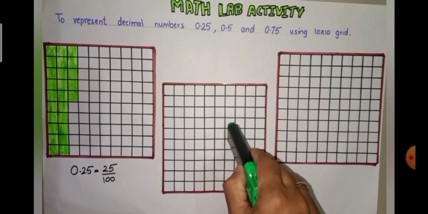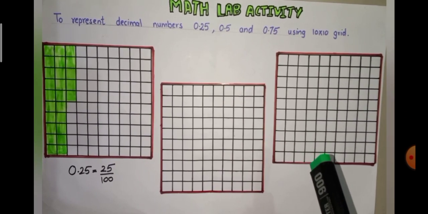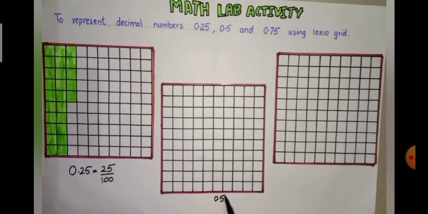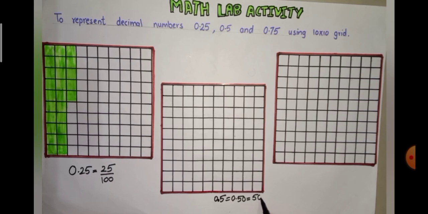Now we will see how to represent the next decimal number, 0.5. For this, I will take another 10 by 10 grid. 0.5 will be written as 0.50. Isn't it, children? This can be written in fraction form as 50 upon 100.